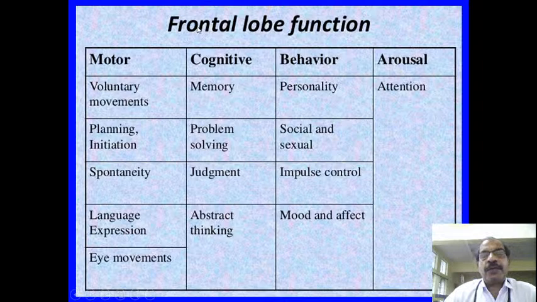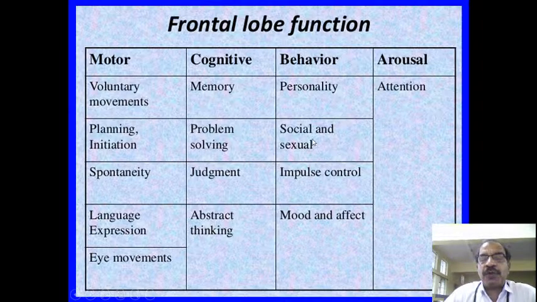Besides this, frontal lobe also serves various types of behavioral functions, like personality. A person is very loving, or very angry, or very sad, etc. It depends upon the function of the frontal lobe. And also how we act with other people in the society, in the family, in the surrounding. So social and sexual function is also served by the frontal lobe.